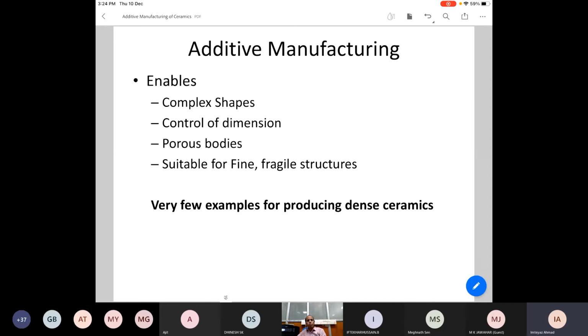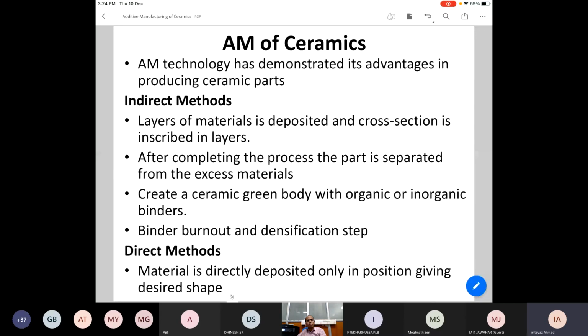The reasons are many. I will come to that, but before that, I want to give you a summary of what is going on as far as the ceramic materials are concerned in the field of additive manufacturing. So there are some indirect methods. I guess you all know that layer by layer deposition is possible to build cross sections, and you just model the cross section and build one by one and build the height.